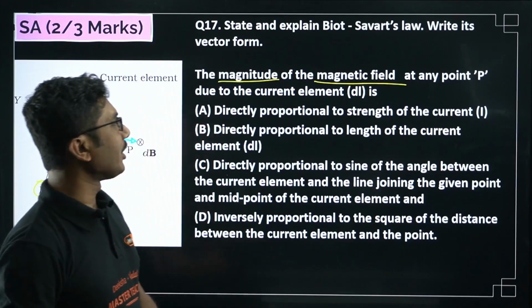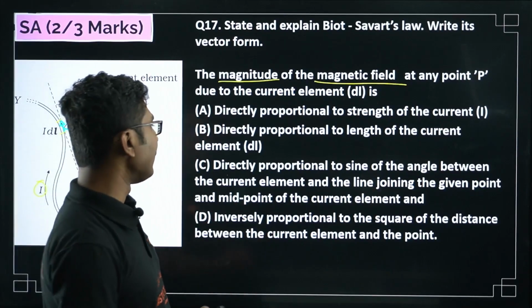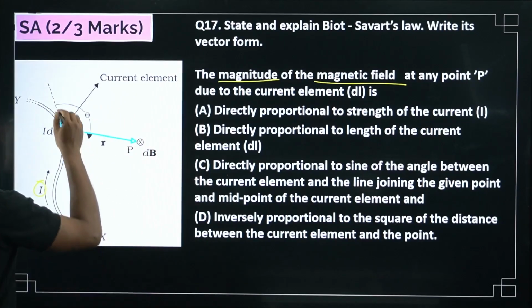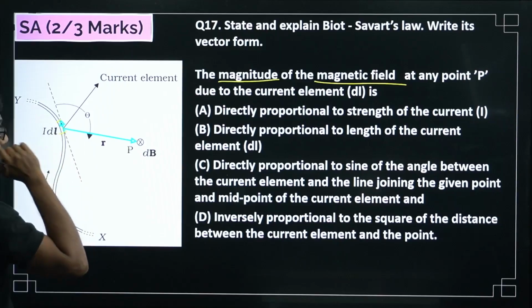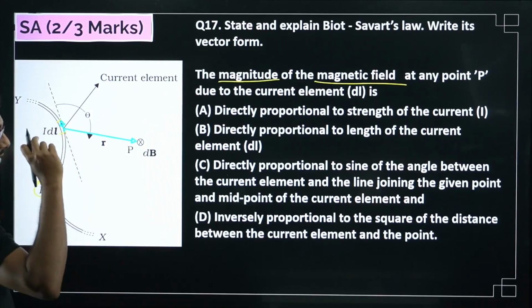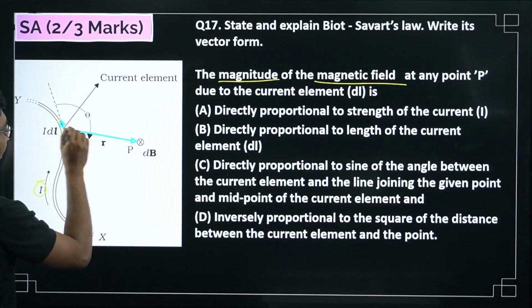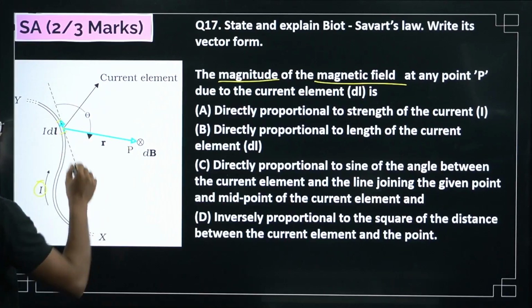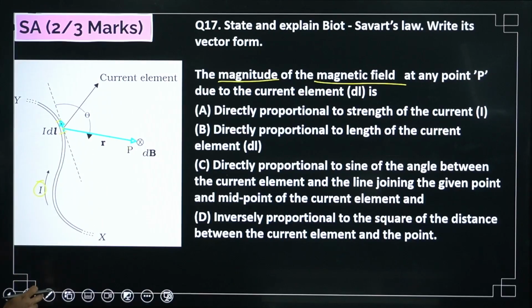Directly proportional to sine of the angle between the current element and the line joining the midpoint. The element has some length.